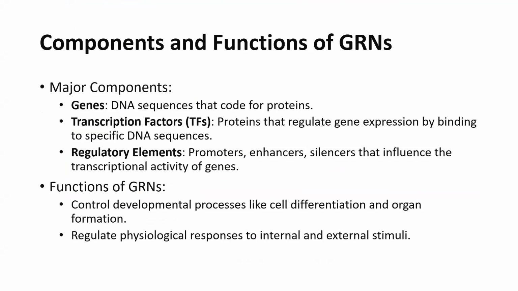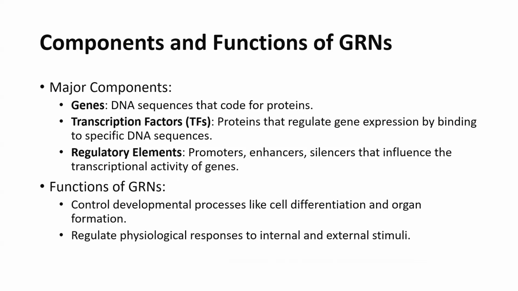So in a broad view, the components and functions of gene regulatory networks include genes, DNA sequences that code for proteins, and transcription factors. These are what I would call regulatory elements, proteins that guide gene expression by binding to specific DNA sequences. I throw transcription factors in with regulatory elements in the categorization.